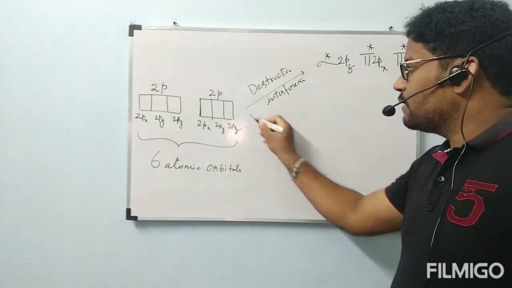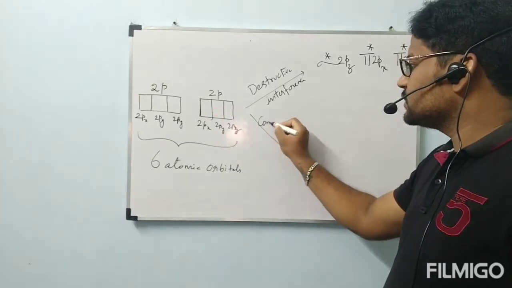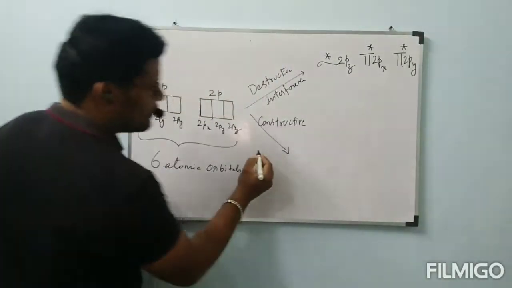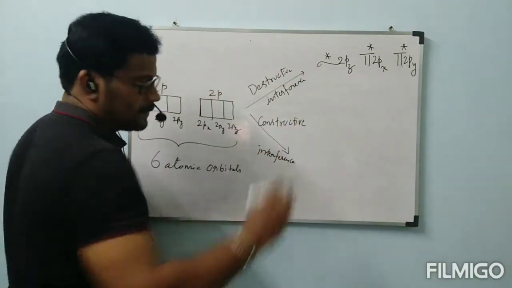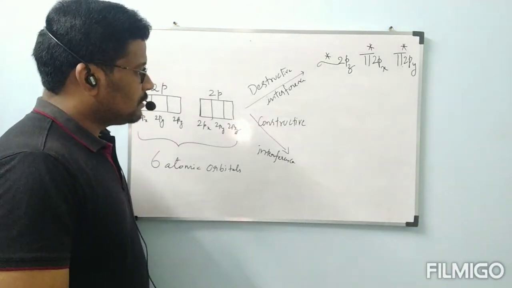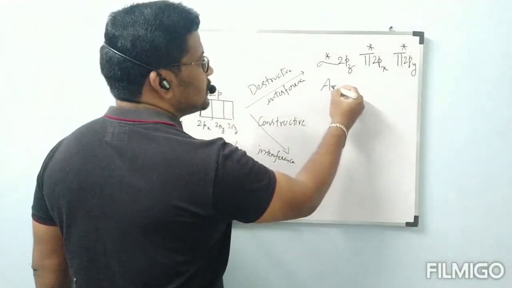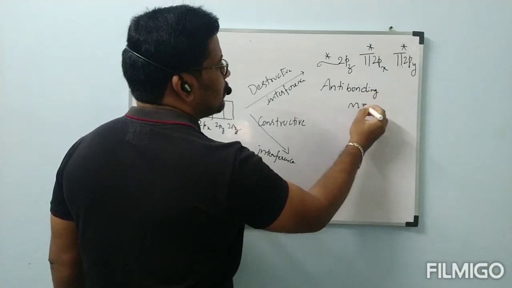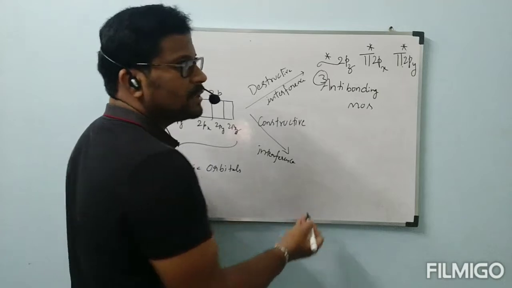Next, if they undergo constructive interference, bonding molecular orbitals will be formed.